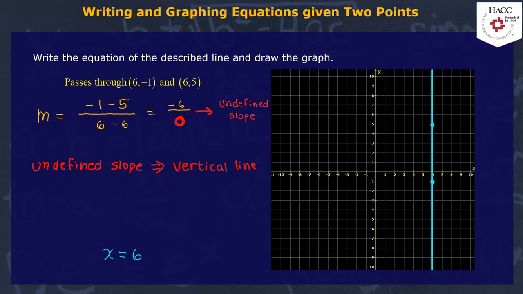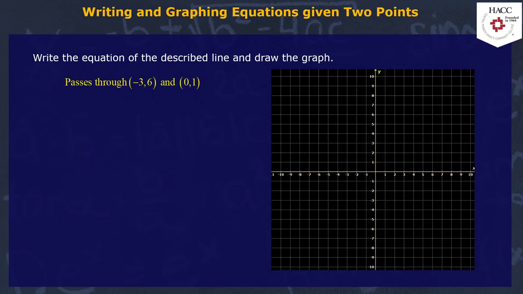Since x is always going to be 6 and y doesn't matter, y doesn't show up in the equation, all I would say is that x equals 6. So even if you don't notice it from looking at the points and you didn't draw a graph of it, the slope calculation will eventually point out to you that you have a vertical line because the slope is undefined.